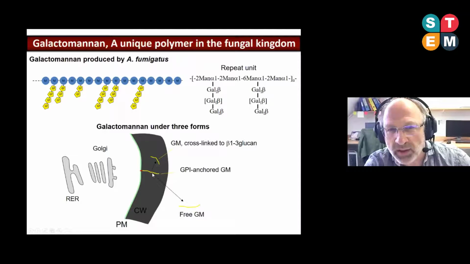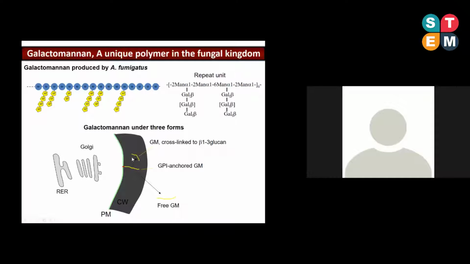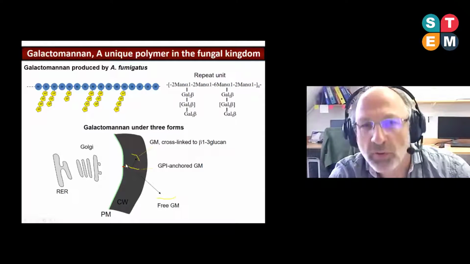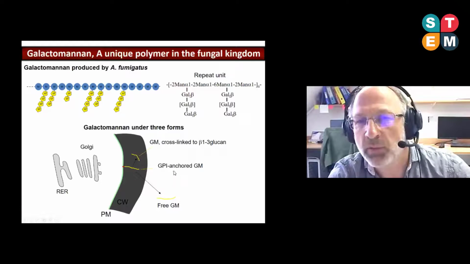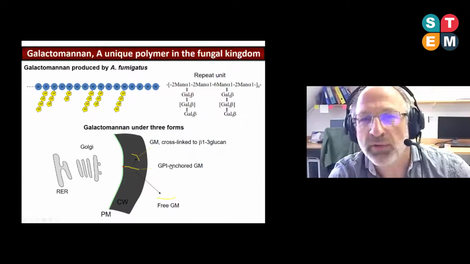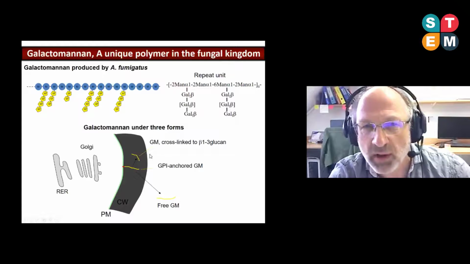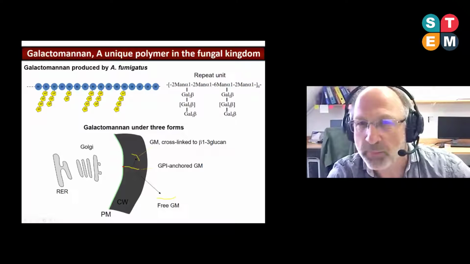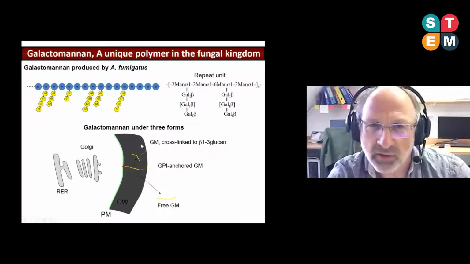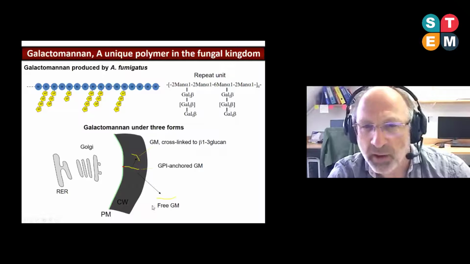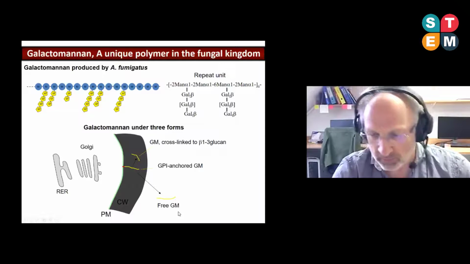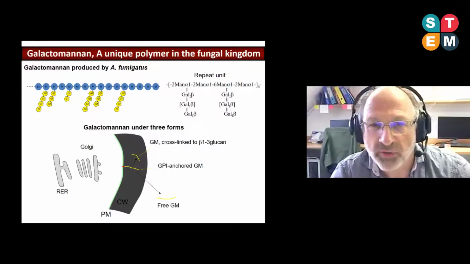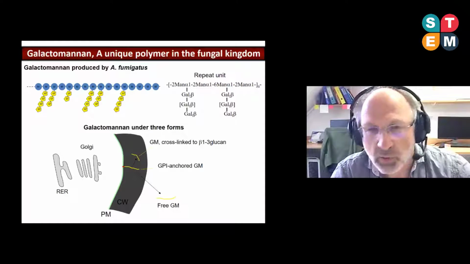One form is linked to the plasma membrane of the fungal cell through a particular glycolipid, GPI, for glycosyl phosphatidylinositol. One part of the galactomannan is cross-linked to the beta-1,3-glucan inside the cell wall, and the last part is released in the medium. And the function of this polymer was not known.